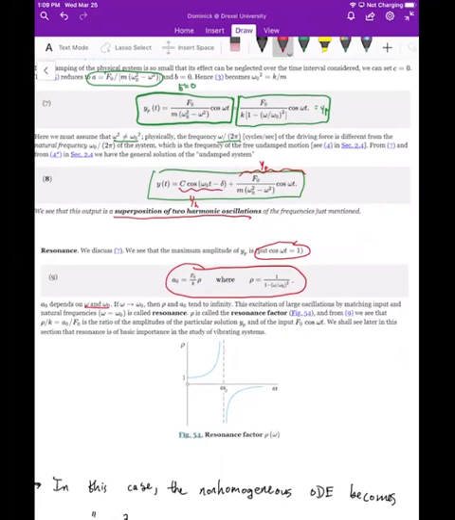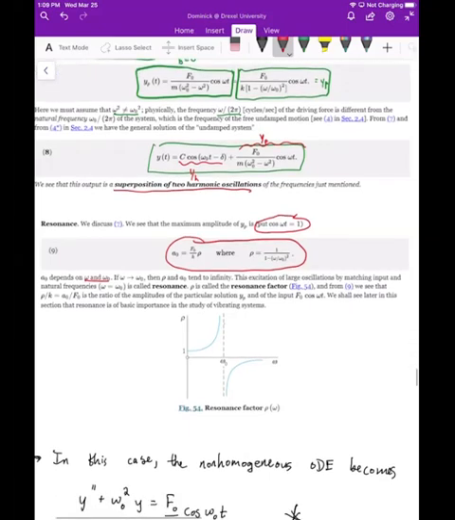You're getting this excitation of large oscillations because your natural frequency and your forcing frequency are becoming equal, and that's referred to as the resonance. This term rho is called the resonance factor.